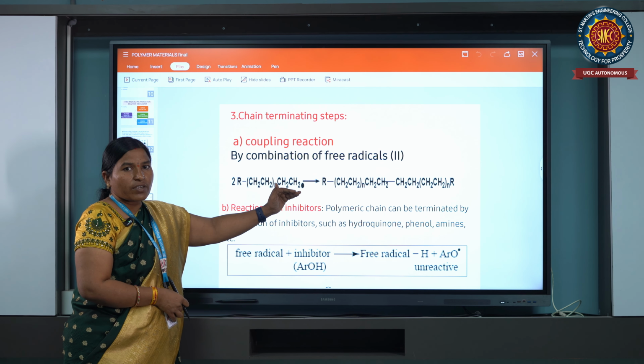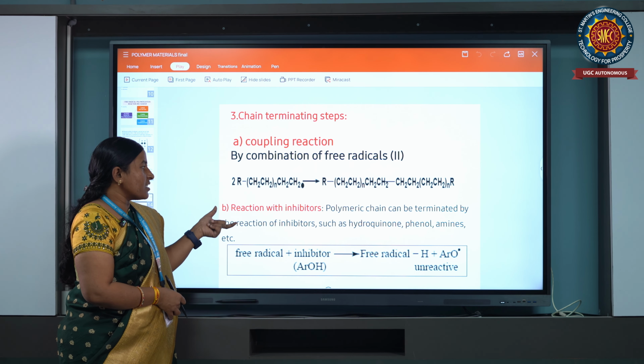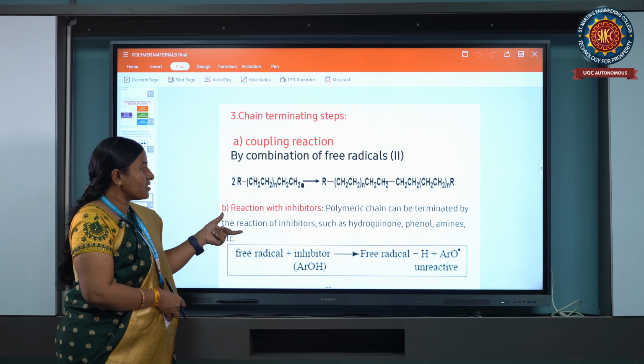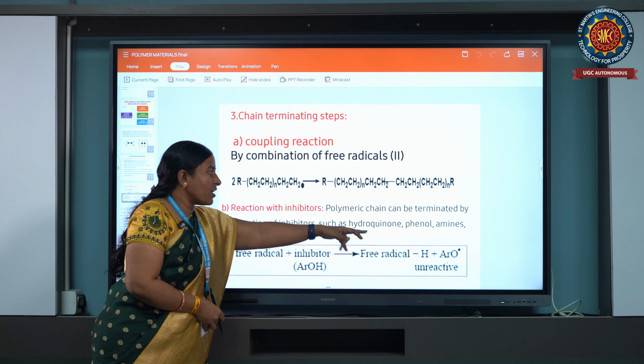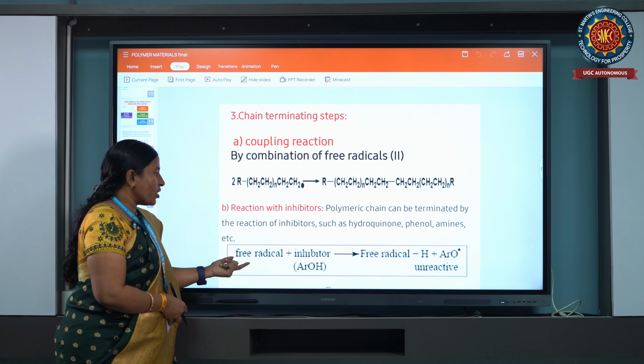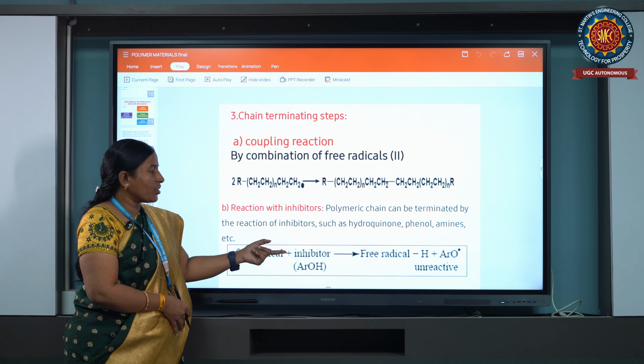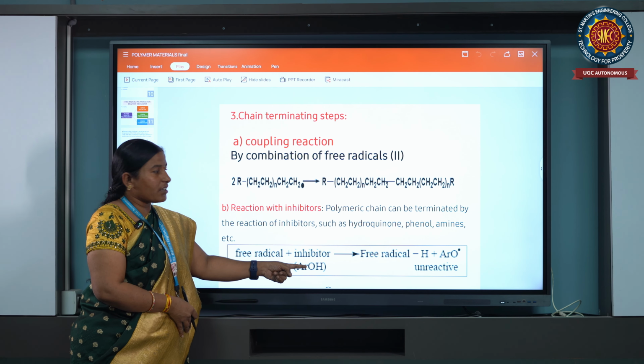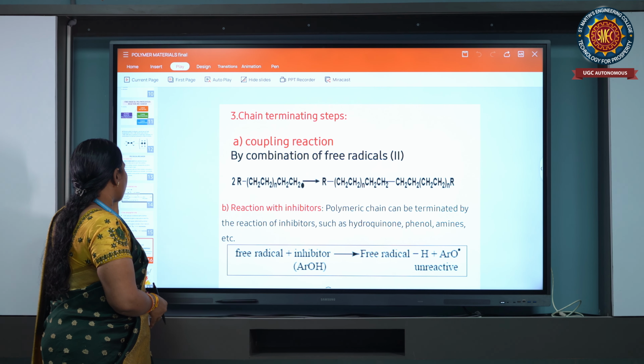Then we can stop the reaction. The next one is the reaction with the inhibitors or initiator, which donate a molecule, that is a hydrogen radical, to the reaction.